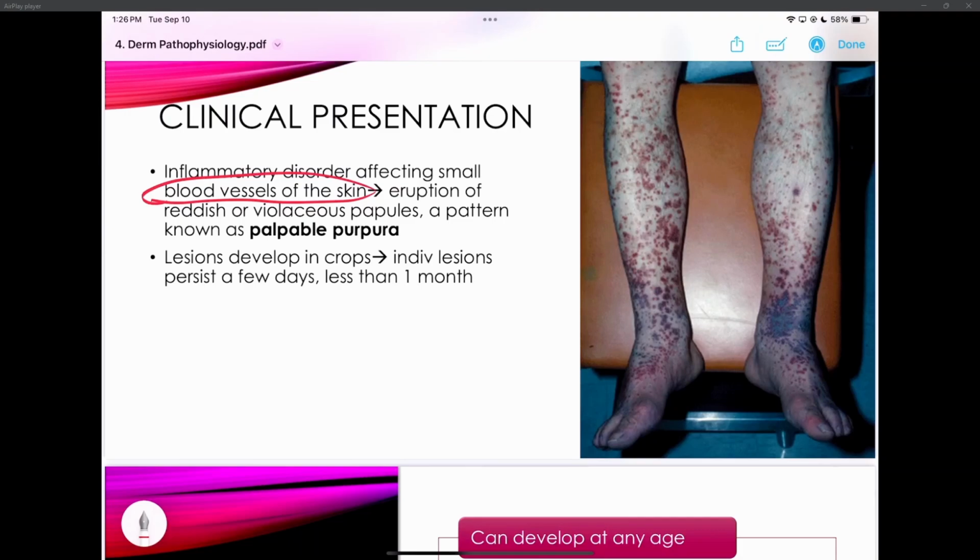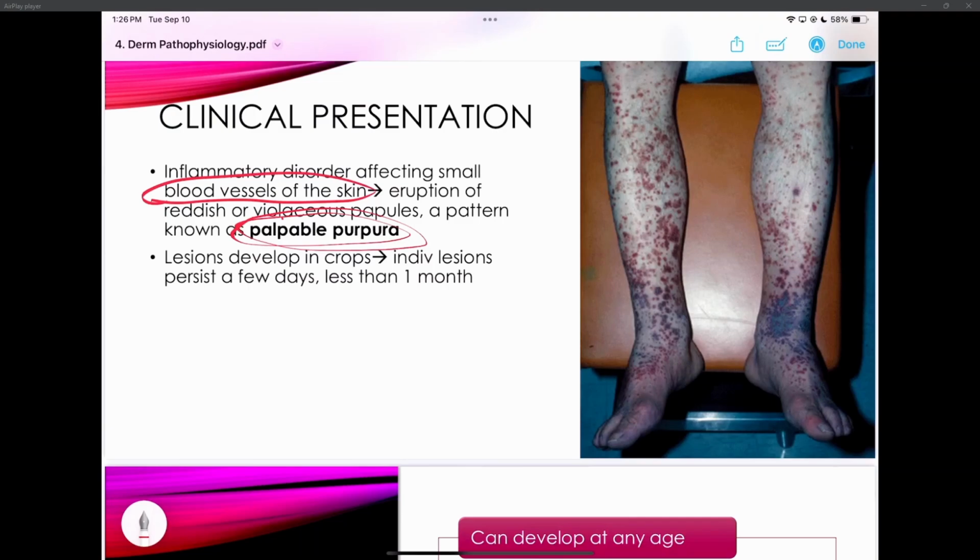And you get this reddish or violaceous pattern known as palpable purpura. These are palpable, which means you can feel them as you're moving your thumb or your fingertips along that edge. You'll feel a raised border. It's palpable purpura with vasculitis.